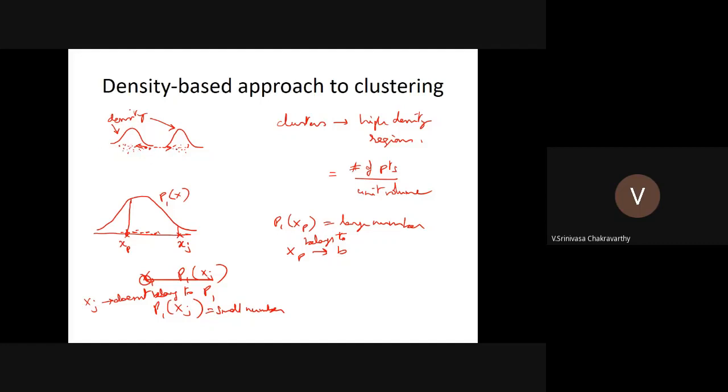If it is far from it, you will have a low value. It looks like some kind of a hill. So if you can explicitly calculate that hill, P1 of x, and plug this data point into it, and the evaluation is small, then the data point doesn't belong to the hill. If the evaluation is big, it belongs to the hill. Like that, I can have multiple hills, etc. Each hill represents one cluster.